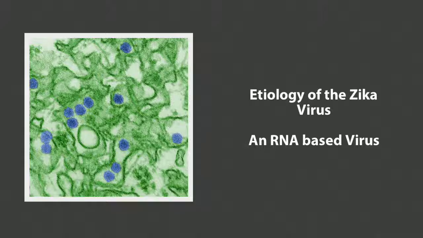There are several differences between DNA and RNA viruses, some of them being that DNA viruses are mostly double-stranded, while RNA viruses are single-stranded. RNA tends to mutate at a higher rate than DNA. DNA replication takes place in the nucleus, while RNA replication takes place in the cytoplasm.